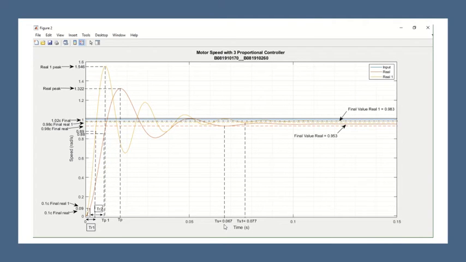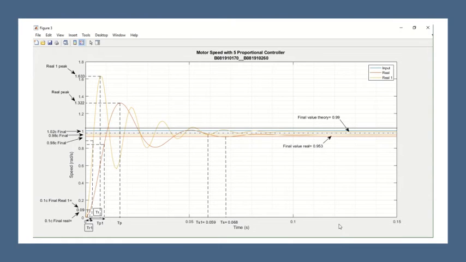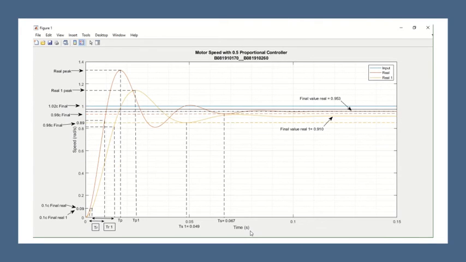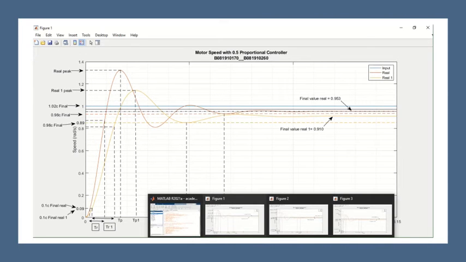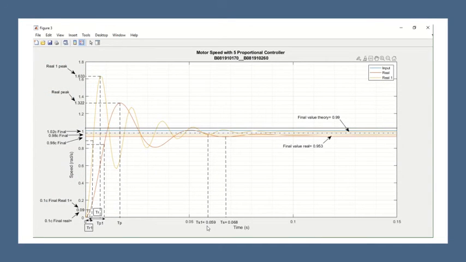So this is the same 0.067, 0.077. Next, I've got 0.059 and 0.068. So all I can say is when we use the smallest gain, the time is increased, and when we use the highest gain, the time will decrease.